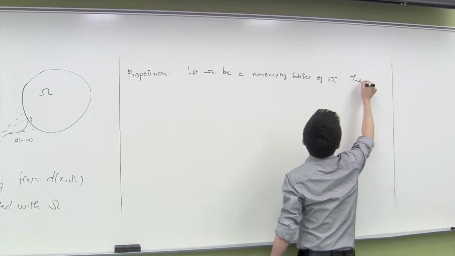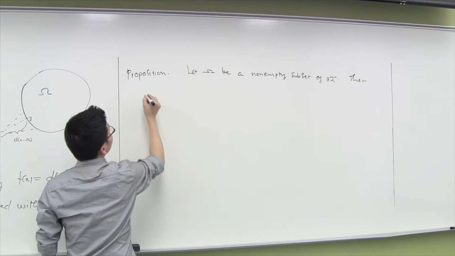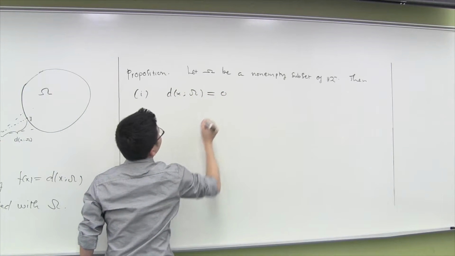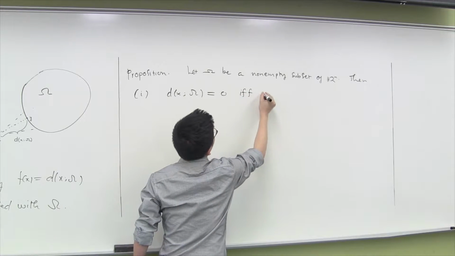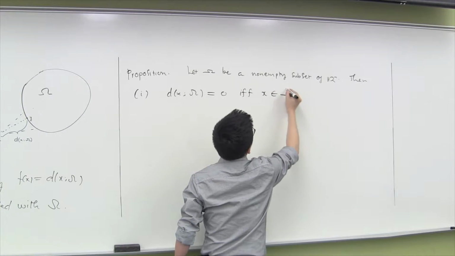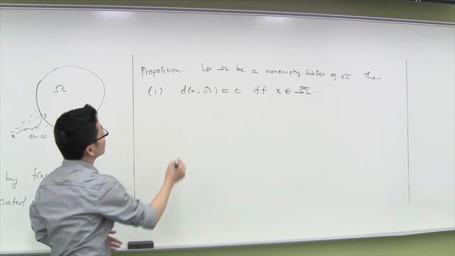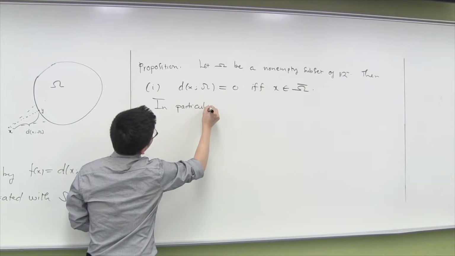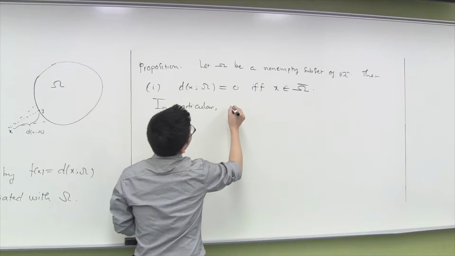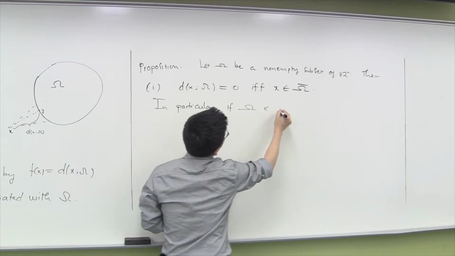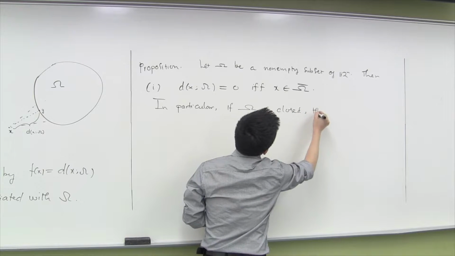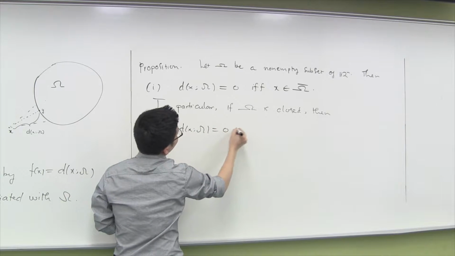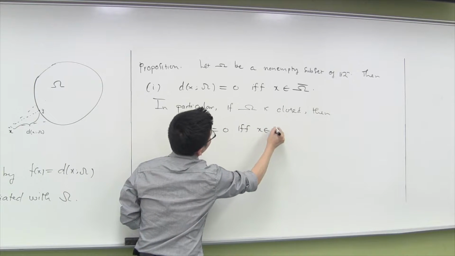Then the distance from a point x to omega is equal to 0 if and only if x belongs to the closure of omega. And in particular, if omega is closed, then the distance from x to omega is equal to 0 if and only if x belongs to omega.